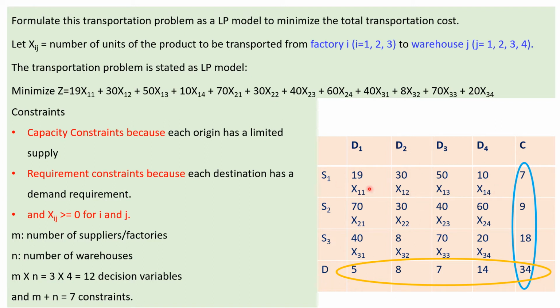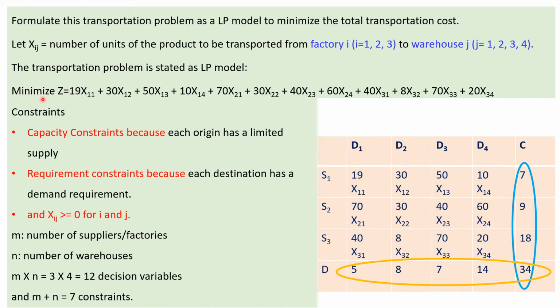So to find out the transportation cost, we have to multiply the per unit cost times the number of items. When we multiply the number of items times the per unit cost, we get the transportation cost from S1 to D1. But our objective is to find out the overall transportation cost to transport items from all our production facilities to all our warehouses.